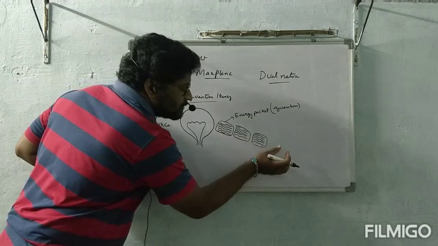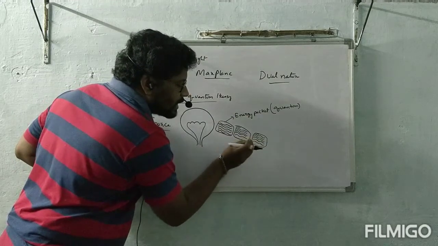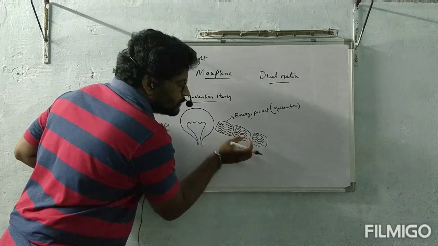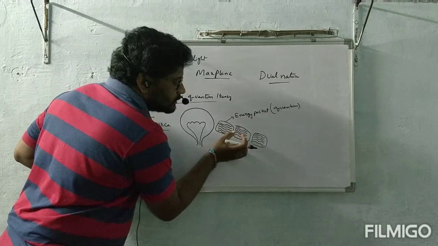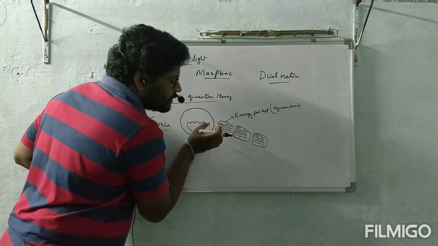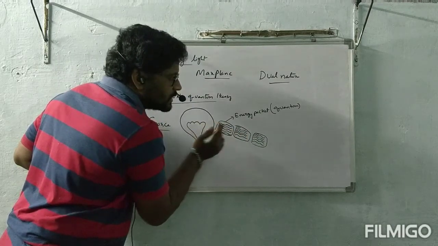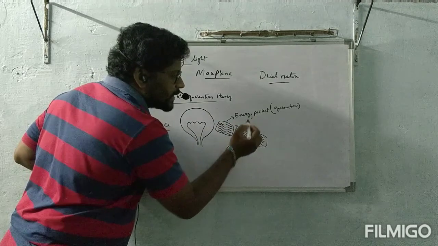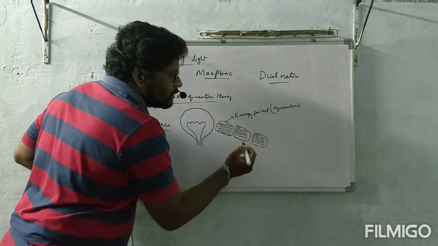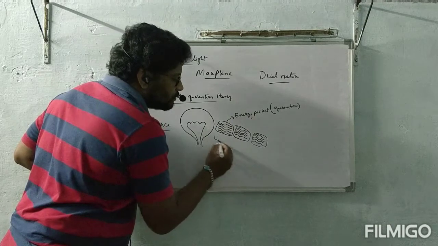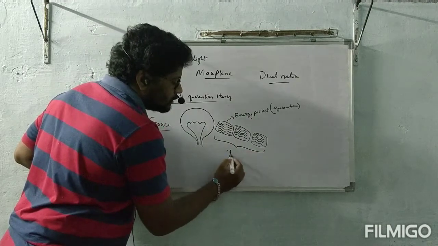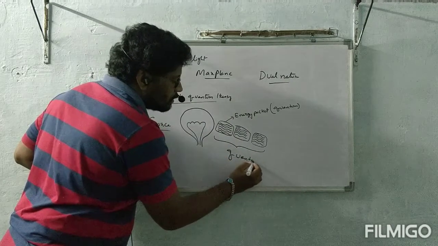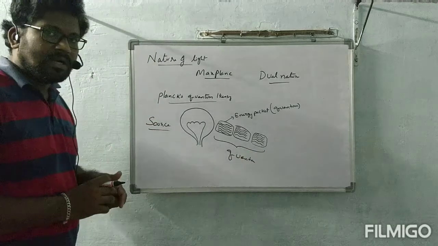First this group of waves will come out. With a small gap, the next group of waves will come out. This is like one energy packet. And with a small gap, again the next energy packet will be released. Each one is called one energy packet, which is called a quantum, and the group is called quanta.